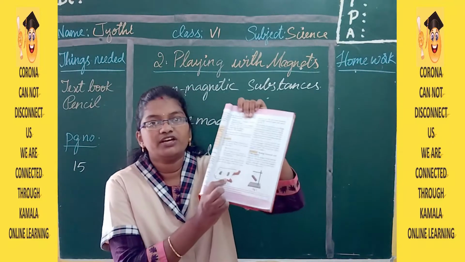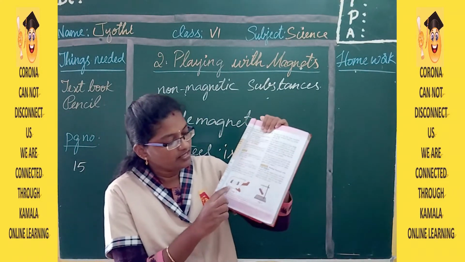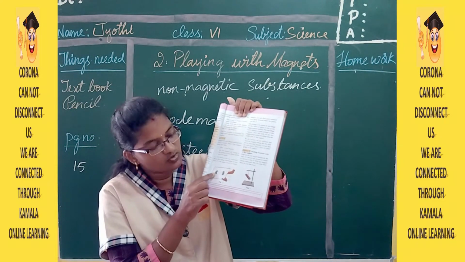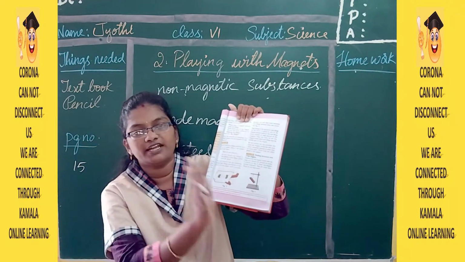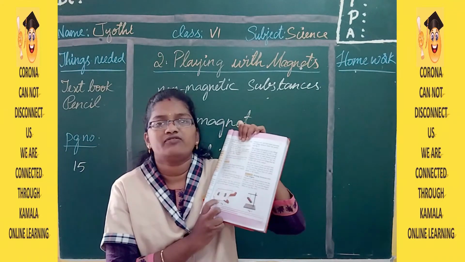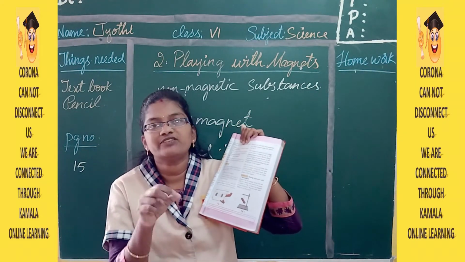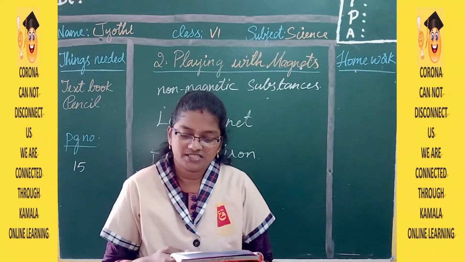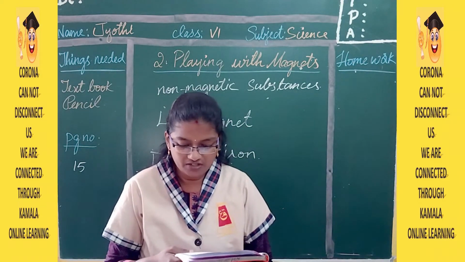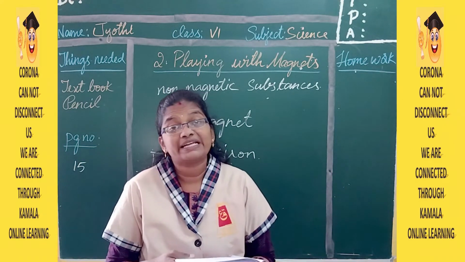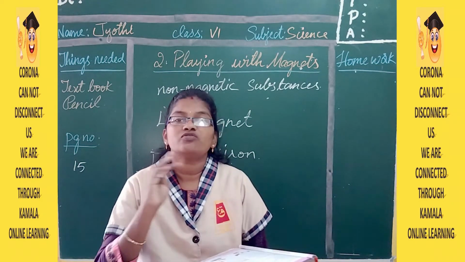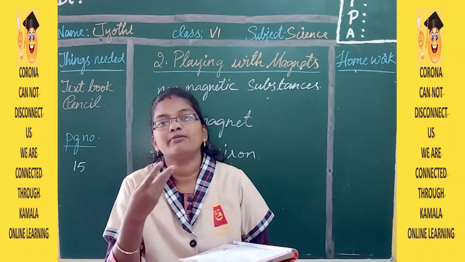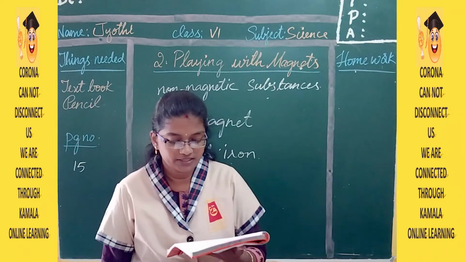As shown in figure number 3, most of the iron filings scatter to the sides, towards your right hand side and left hand side, and in between very few iron filings are scattered here and there. This change in the spread of iron filings on the sheet of paper is due to the magnet present below. So why are they moving to the sides? Because of the magnet which is present below the paper.